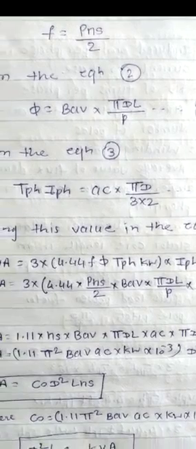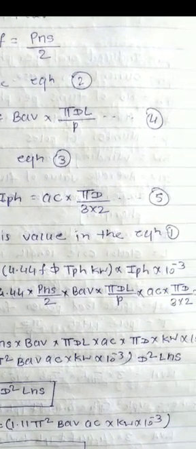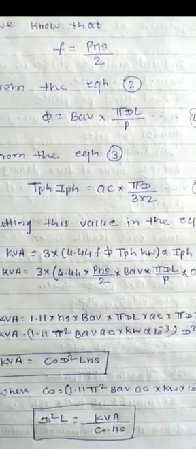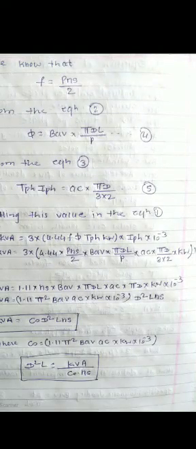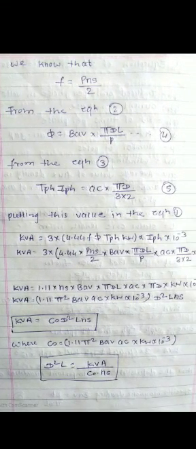The above two values, of equation number 4 and equation number 5, should be put in equation number 1. Our equation number 1 is nothing but kVA is equal to 3 into (4.44 F phi TPH kW) into IPH into 10 raised to minus 3.